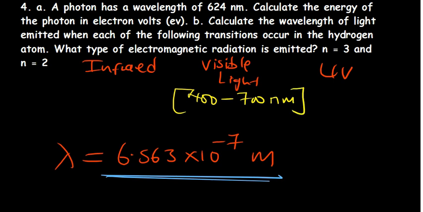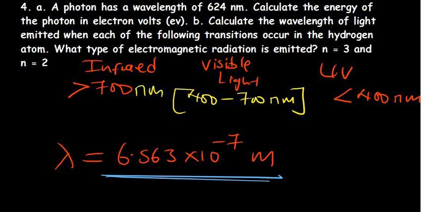UV has a higher frequency compared to infrared. From left to right there is an increase in frequency, so it's the opposite for wavelength. UV has the shortest wavelength of the three, meaning it's supposed to be less than 400 nanometers, and infrared is supposed to be greater than 700. We're dealing with nanometers here, so it's better we convert the answer to nanometers.